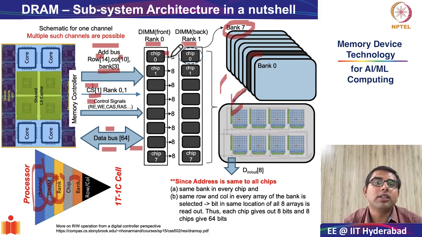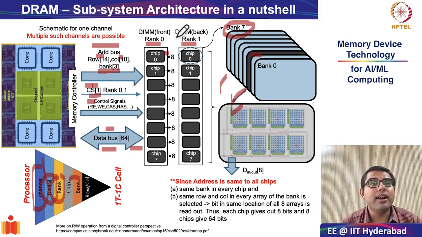So 8 bits from one chip are being sent out, and collectively from one rank or from one DIMM at a time 64 bits are being sent out in one channel. Okay, so I hope this gives you a good understanding of the DRAM subsystem architecture.